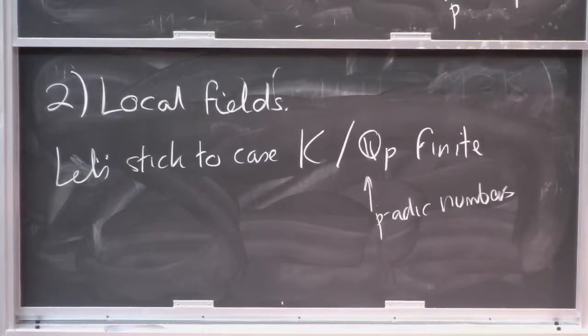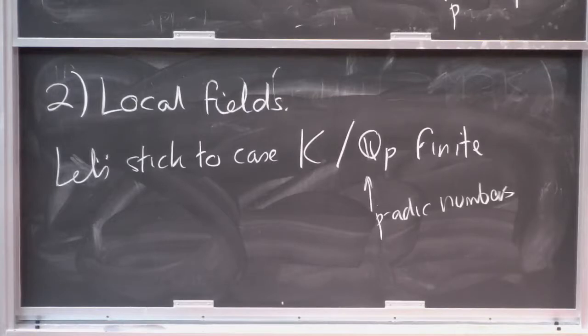So K over Q_p is finite, and the question I want to ask is what can we say about this Galois group, Gal(K-bar over K). Any field has an algebraic closure, unique up to typically non-unique isomorphism.